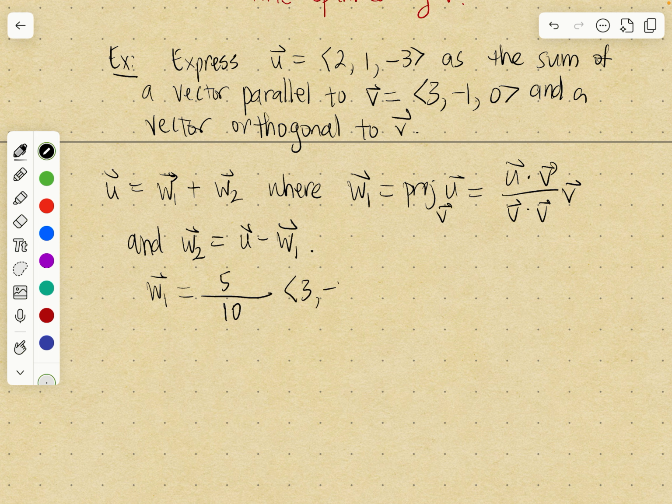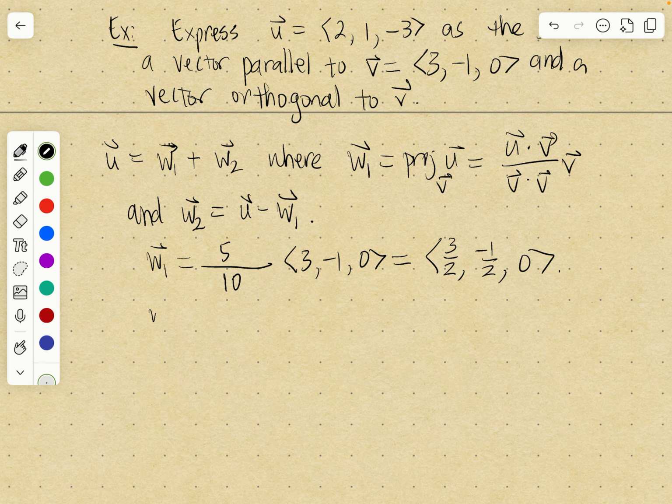So it's that scalar multiple of V. So 3, negative 1, 0. And so this is going to be 1/2 of 3, so that's 3 halves, negative 1/2, 0. That's what W1 is. And so W2 is going to be U, that's 2, 1, negative 3, minus W1, 3 halves, negative 1/2, 0.